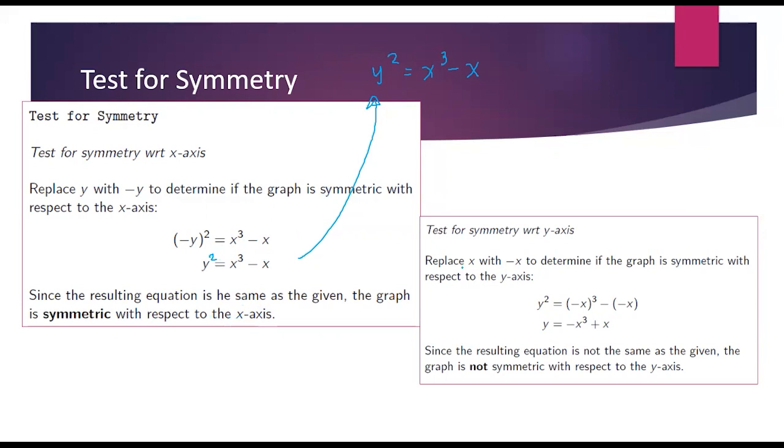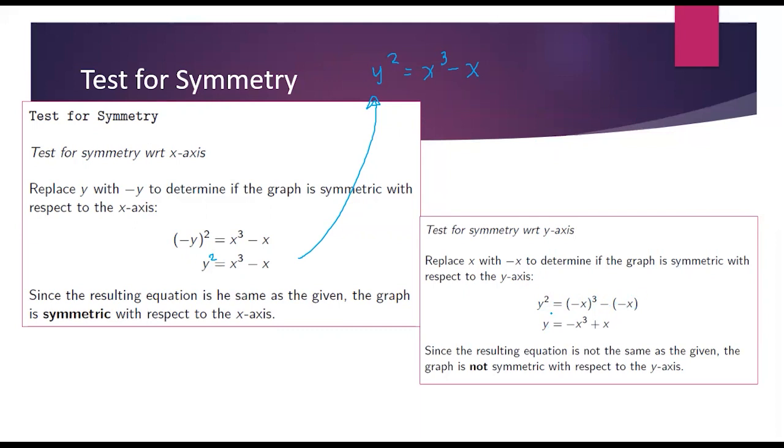How about if you test for symmetry with respect to the y-axis? This time you're going to replace x with negative x. So you check the result. Doing that, you have y squared is equal to negative x, the quantity raised to 3, minus negative x.